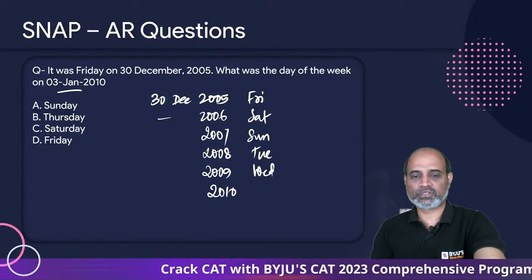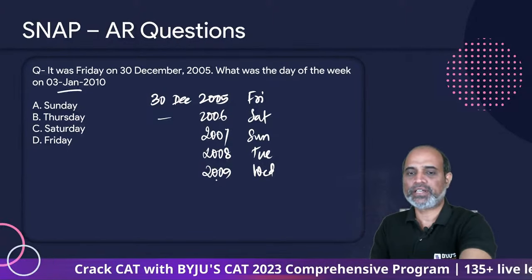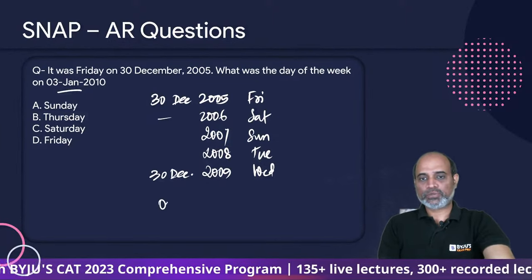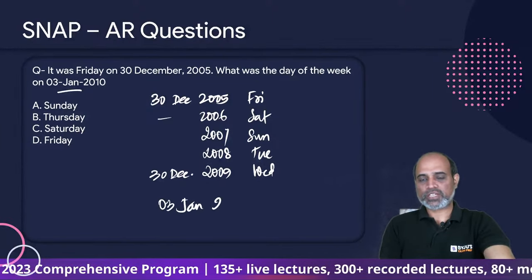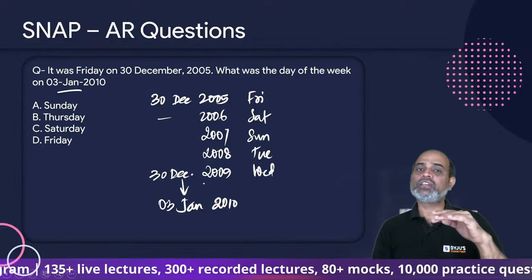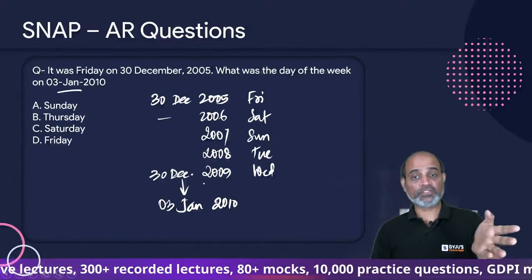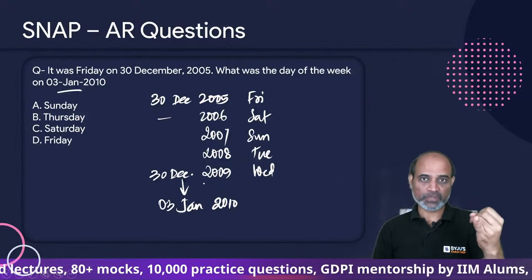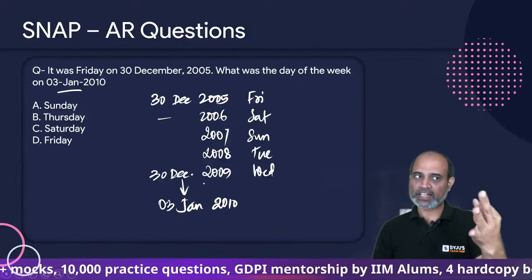Why December? Once we have reached that particular date, 30th December, then from 30th December to 3rd of Jan 2010, how many days do we need to move ahead? In the month of December itself, there is only one day that you need to move ahead, which is 31st of December, then 1st of Jan, 2nd of Jan, 3rd of Jan.